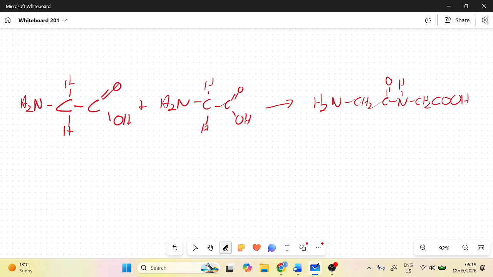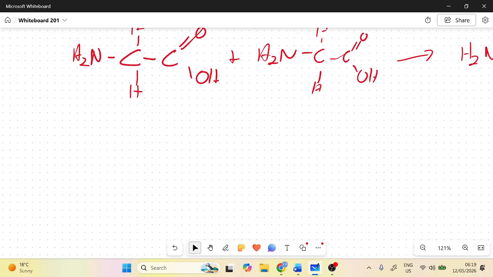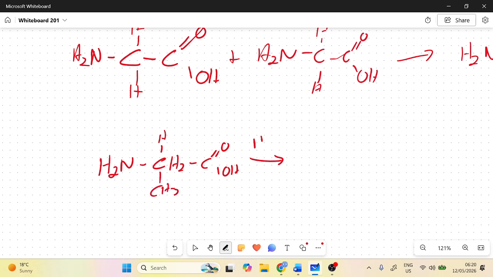It's just two molecules. You just form a peptide bond and you lose water. Okay? And now, as I told you before, anything can react with NaNO2 and water, and therefore, amino acids can do it as well.